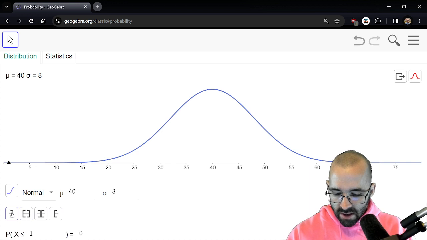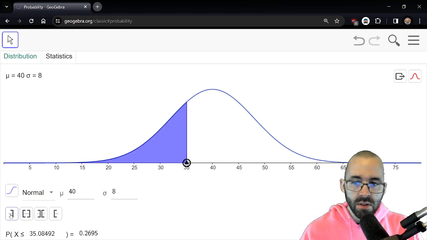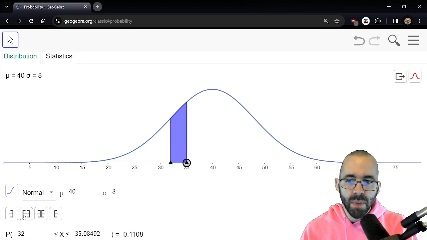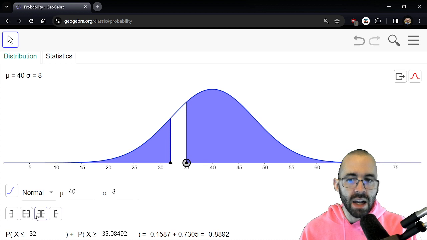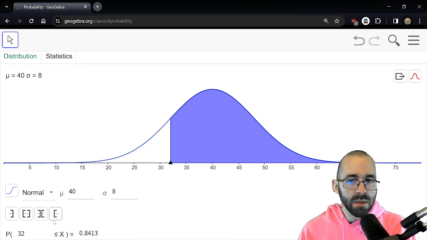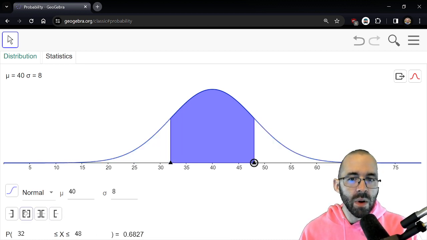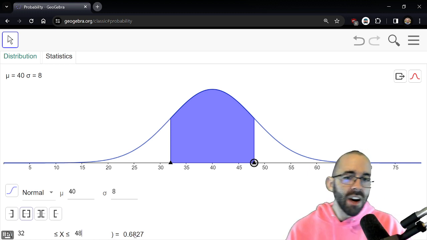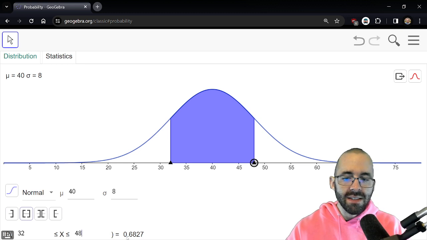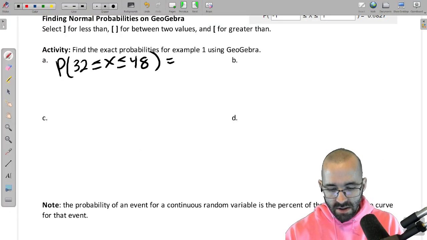If you haven't seen this before, this button shows less than, this button shows between, this button shows outside, and this button shows greater than. So we want between. And notice that it defaults, putting 32 here and 48 here. That's just lucky for us. And you can find out that our answer is 0.6827.